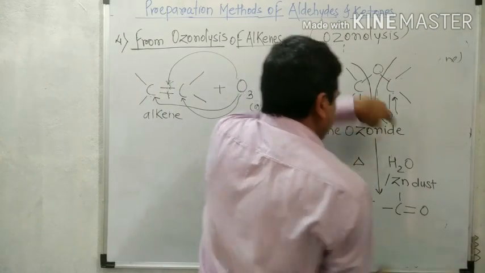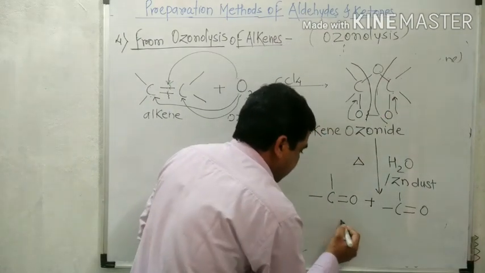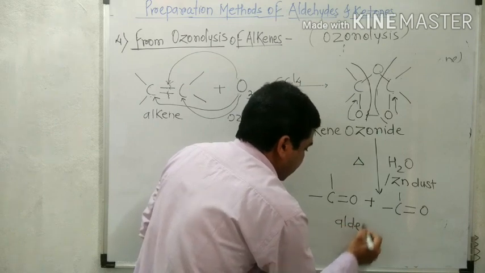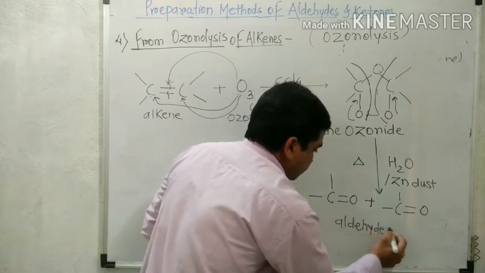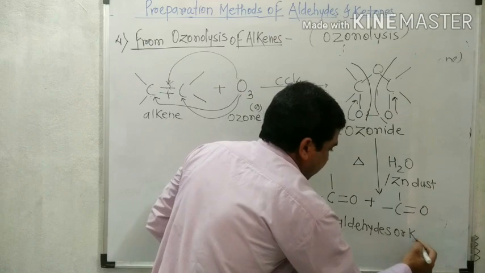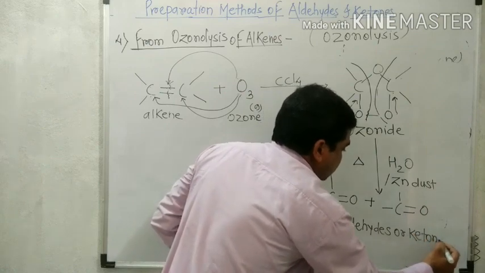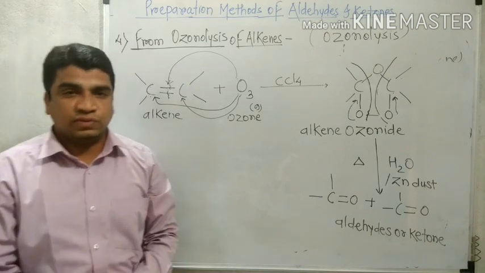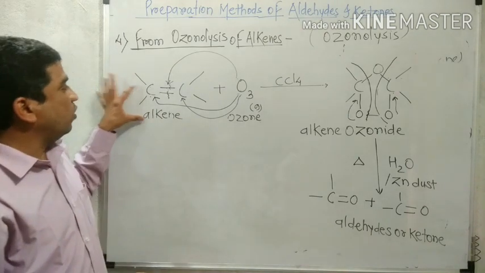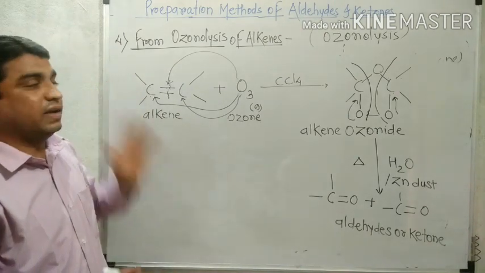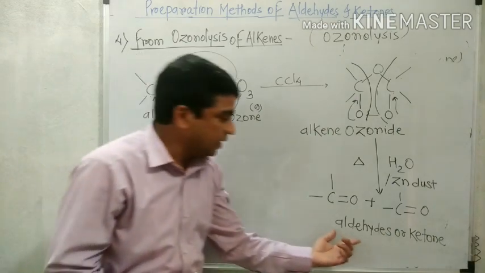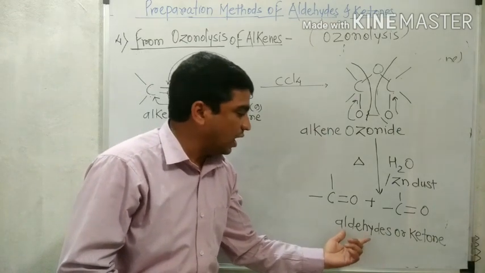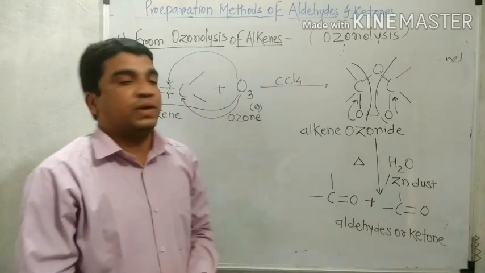In this way, they may be aldehydes or they may be ketones. Both aldehyde and ketone can be prepared from this process. It depends upon which type of alkene is taken in the reaction. But generally, we obtain aldehyde or ketone at the end of the reaction.